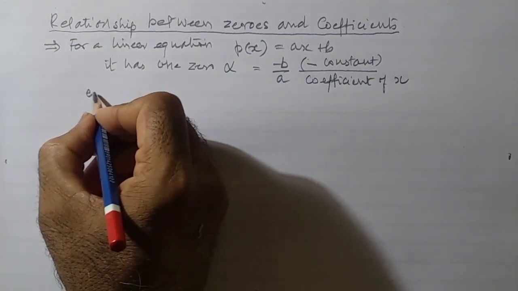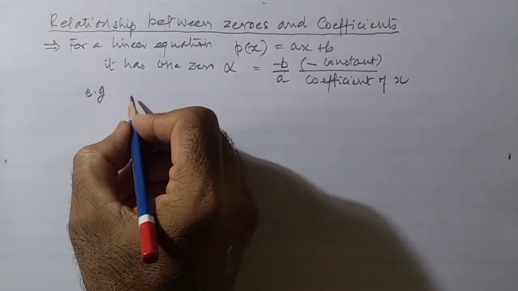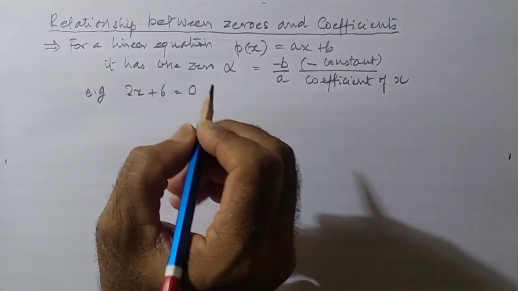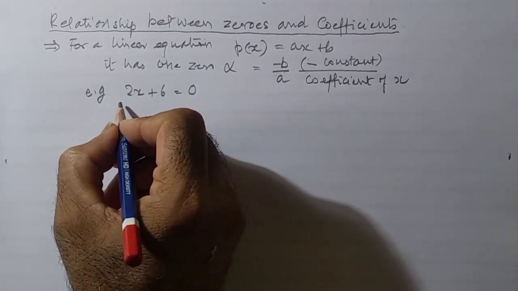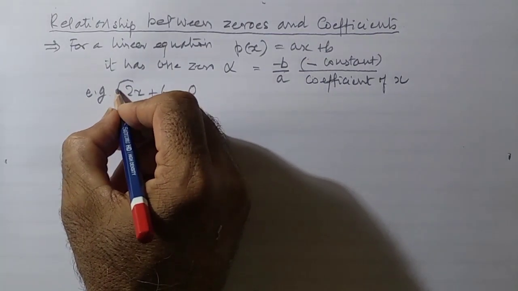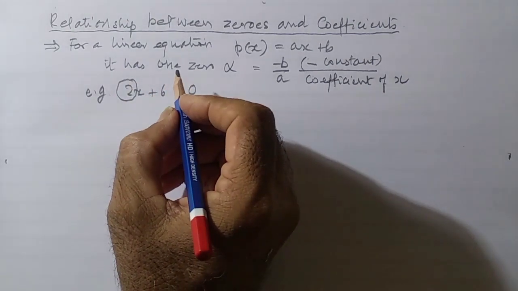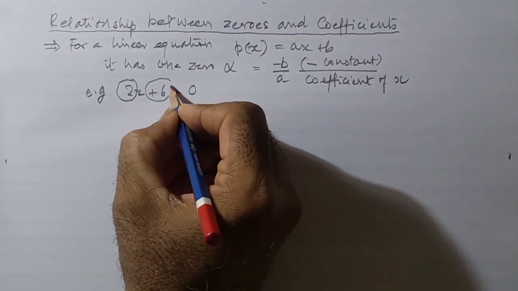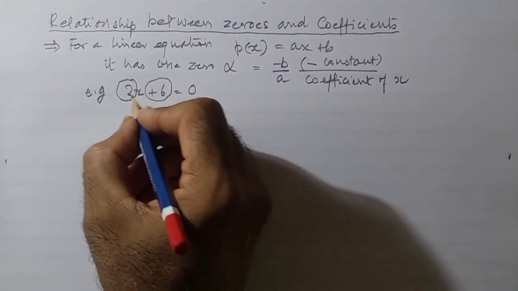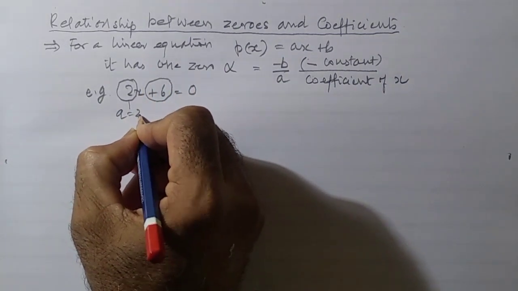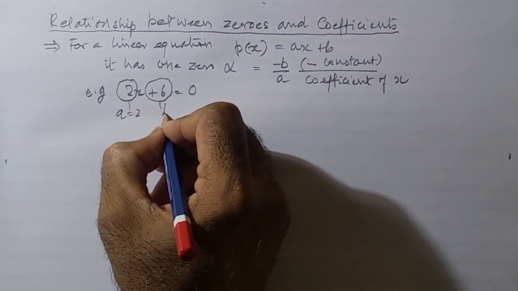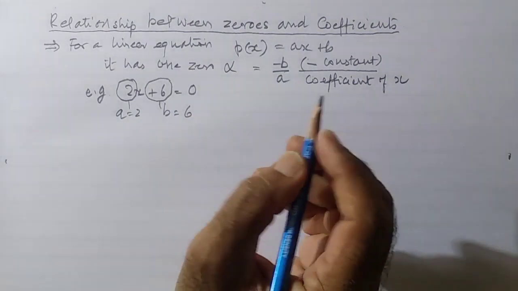Let's take an example here. 2x plus 6 is equal to 0. Here the coefficient of x is 2 and the constant is plus 6. Therefore, that means a is equal to 2 and b is equal to 6.